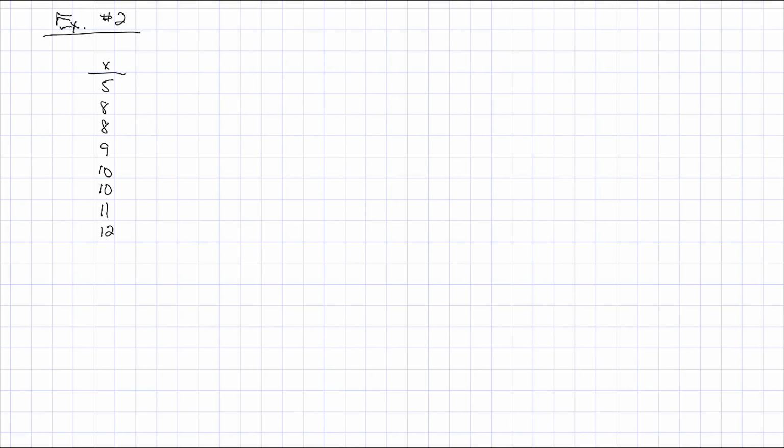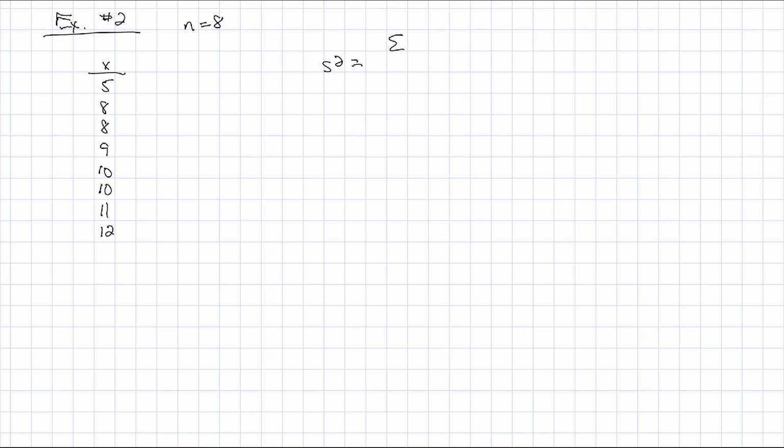So here's a second example. We have a vector of 8 data points. I've arranged these data points in a table again because it makes it a little bit easier to calculate means and variances. But this time, instead of using the variance equation like I did for the previous problem, I'm going to use this alternate equation.